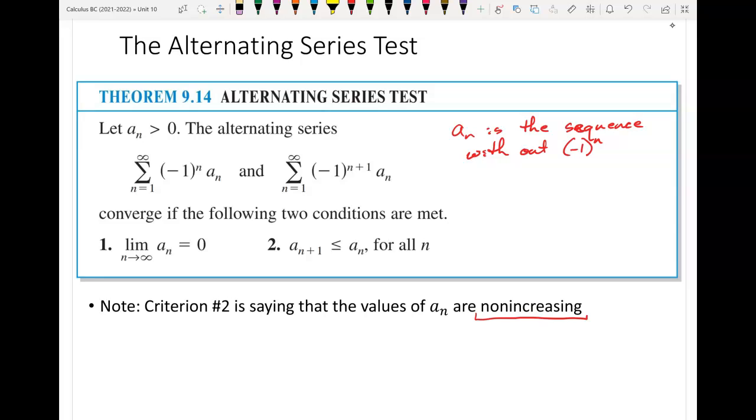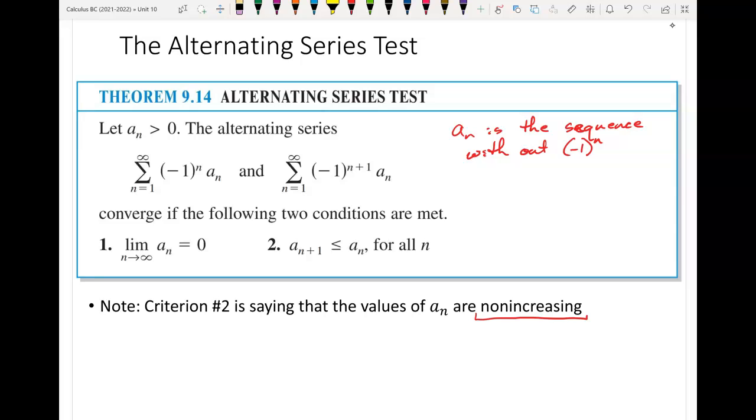Now, if any of these conditions are not met, then our series is going to diverge. It could be that condition 1 is met, but 2 is not, or that 2 is met, but 1 is not, or that they both don't get met.